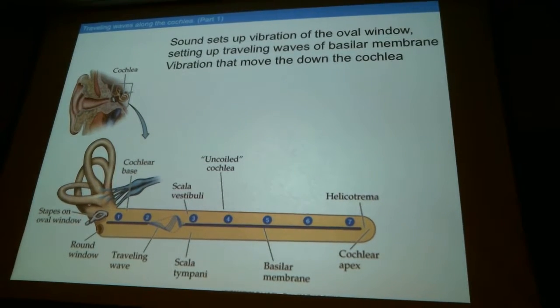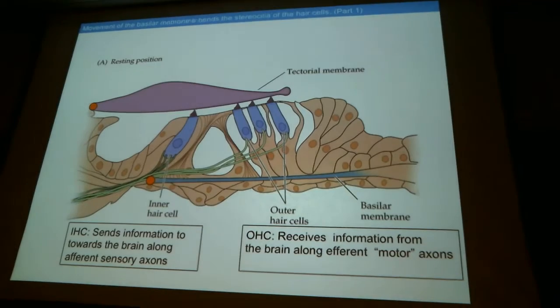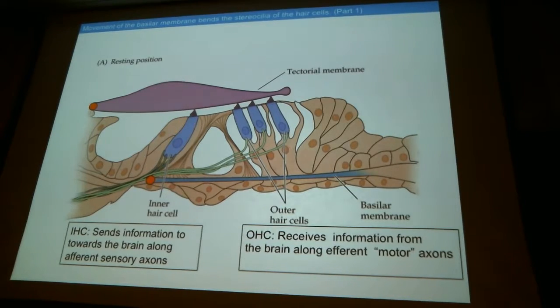Okay. So what does that mean for the hair cells? The hair cells are sitting here. They're embedded in this base of supporting cells, attached to the basilar membrane. But the tall one of their stereocilia is attached to the tectorial membrane.